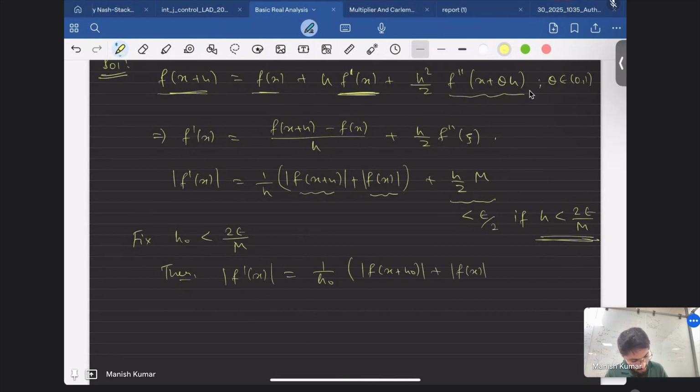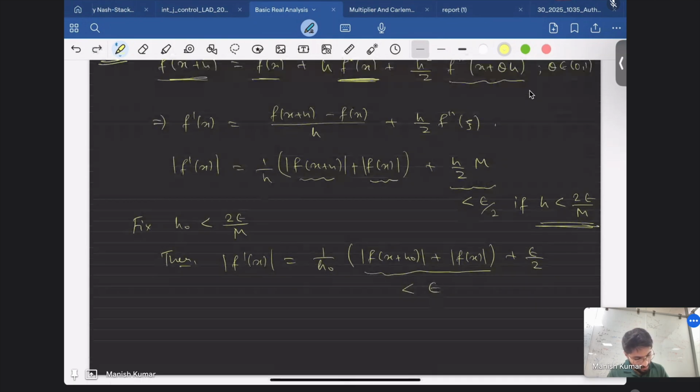Now this thing I can make less than epsilon by 2 h naught, sorry, epsilon h naught by 2.